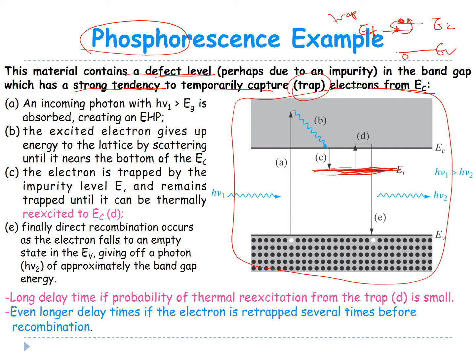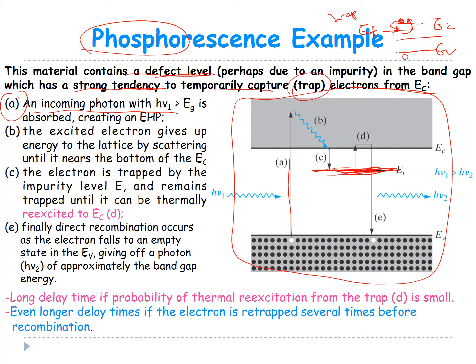Later on in the following slides, we are going to look at recombination sites, and then we'll clarify again the difference between these two. What distinguishes a trap state from a recombination center? So let's go back to our example here and try to understand what's going on. In A, an incoming photon with h mu greater than Eg is absorbed.